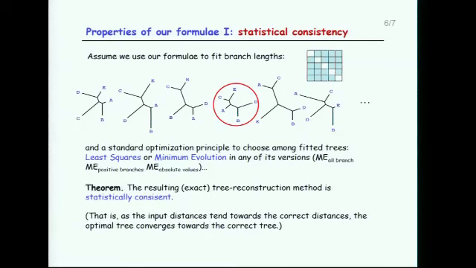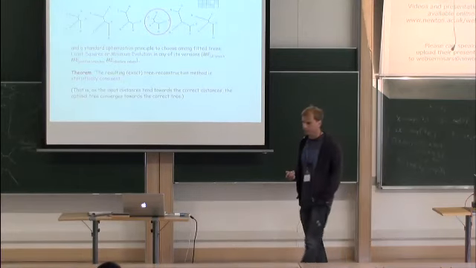In any case, we have statistical consistency. What does that mean? We heard a bit before, but it means that as the input distances tend towards the real values, the tree that is identified as optimal by the optimization principle that we have chosen also tends towards the correct tree.